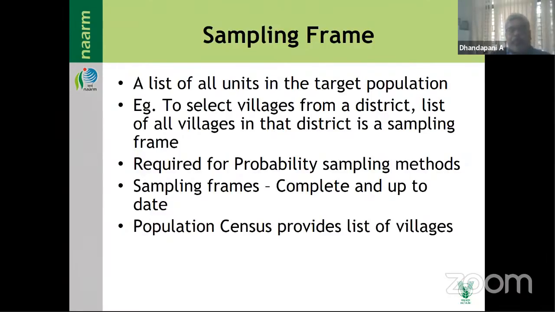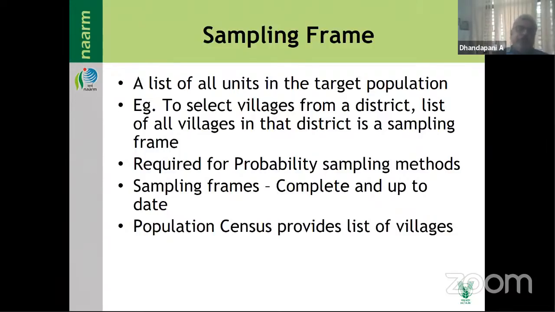So even though our target population may be households, we don't require the sampling frame, because if you apply it at different stages, then it will become easier for you, as for most of the places you will have the list already available. Only at the last stage you may have to prepare a sampling frame.